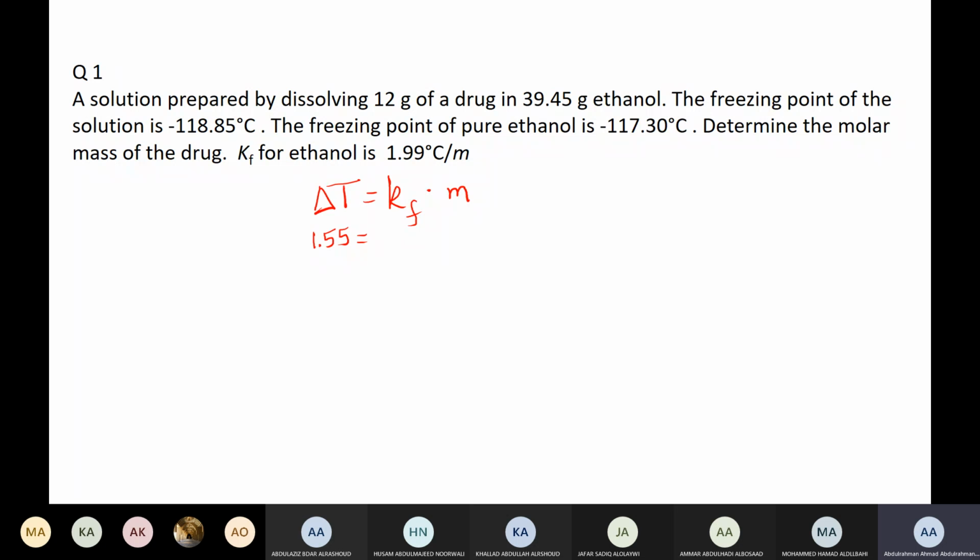Yeah, 55, isn't it? Yes. 1.55 equal to what? 1.99 times molarity. What's the molarity then?